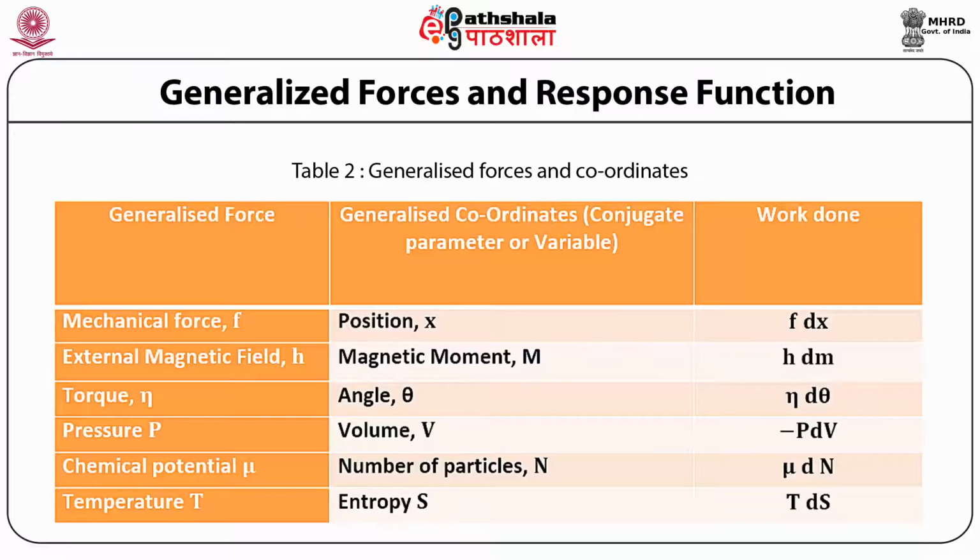Looking at pressure P as a generalized force, we find that the corresponding generalized coordinate or variable is volume V, and the work done is minus P dV. Treating chemical potential mu as a generalized force, the corresponding generalized coordinate is the number of particles n, and the work done is mu dn.